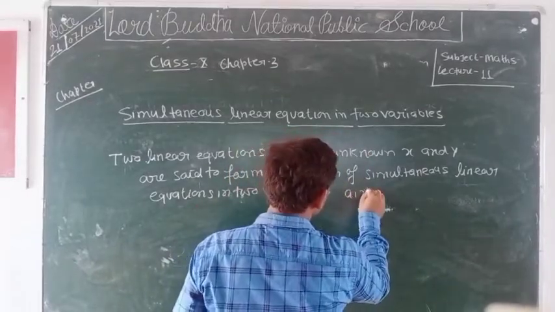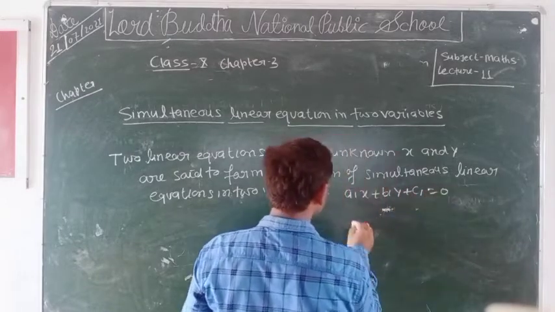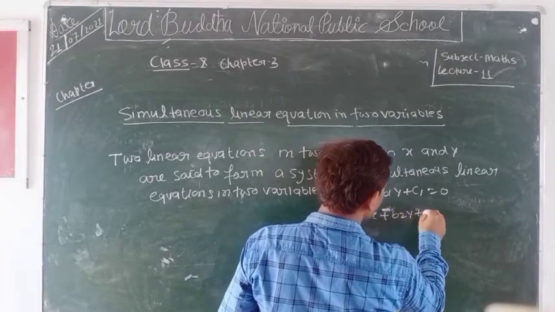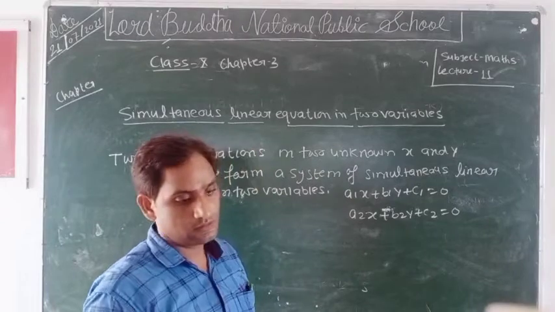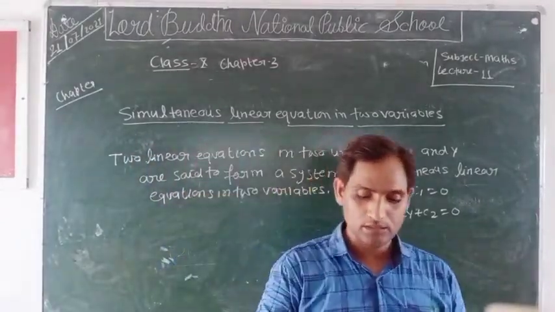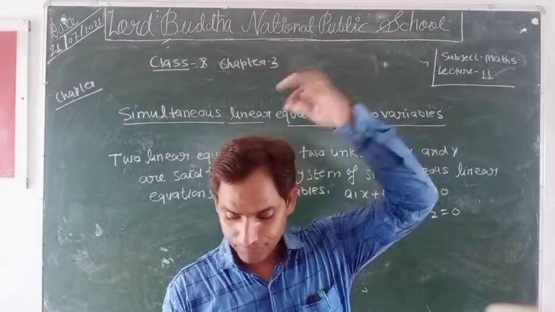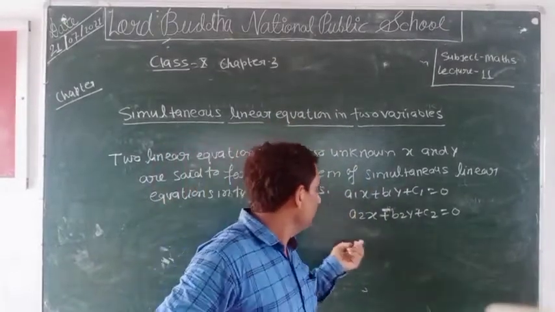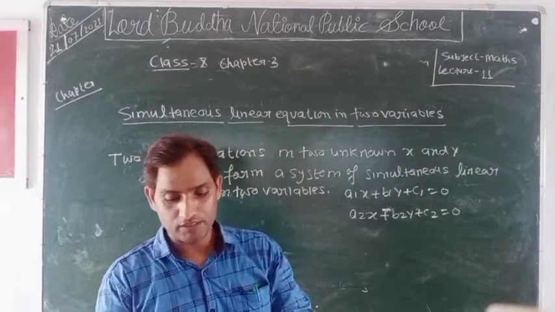As a1x plus b1y plus c1 equal to 0 and a2x plus b2y plus c2 equal to 0. This is the pair of simultaneous linear equations. Clear?